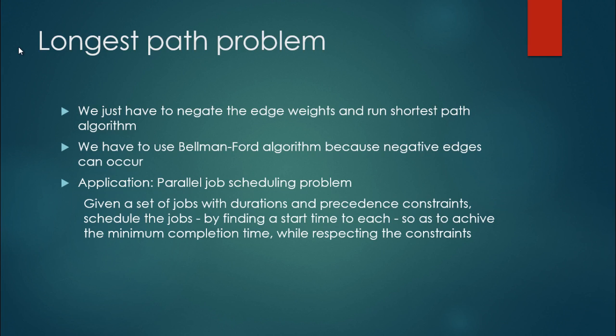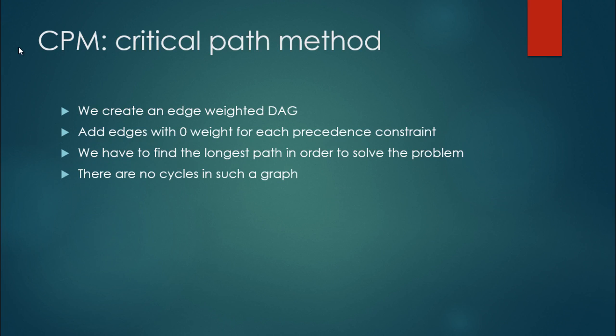It takes some time to, for example, handle the tires and so on. And of course, some processes have to come after others. So this is a typical parallel job scheduling problem, and we can solve it with the help of longest path algorithms.